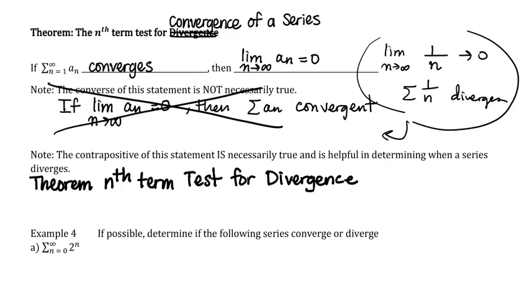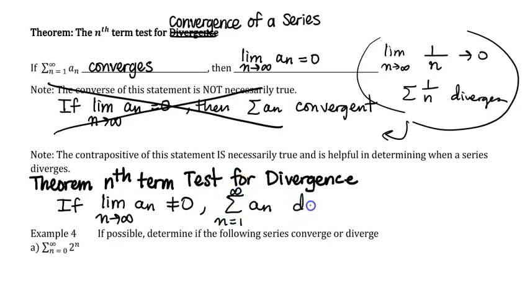What this theorem says is that if you have a sequence and you take the limit of that sequence and you do not get 0, and you put that sequence inside of a sum, it will diverge. So this is a quick way to test for divergence.